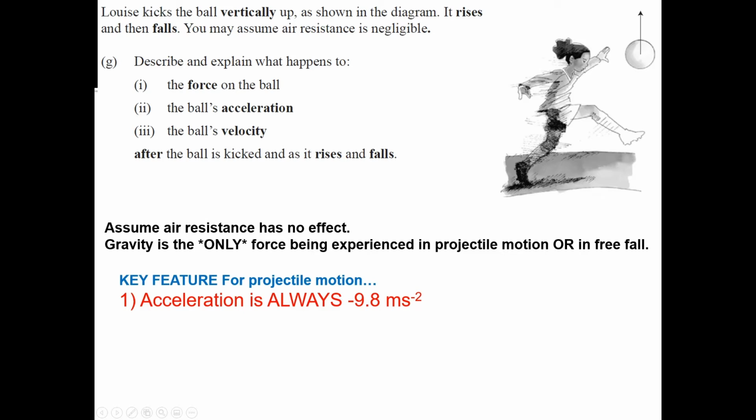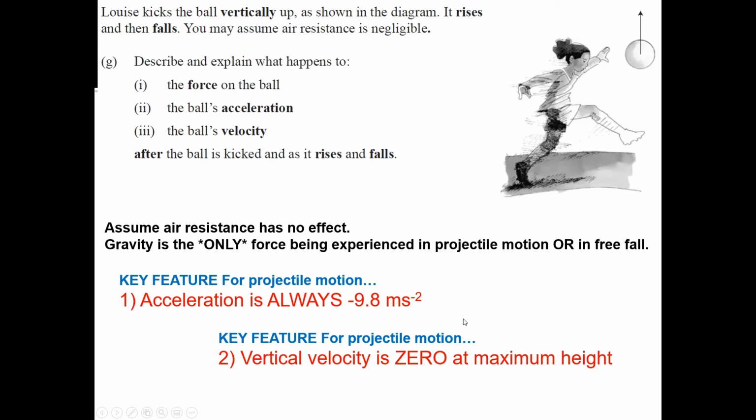What about the ball's velocity? Well, a really key feature of projectile motion is to recognize that as the ball is going up, it slows down, and it gets to the point just at the top of the motion where it's just about to start coming down again. Well, at this point, the velocity is 0.